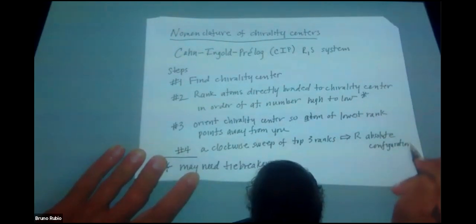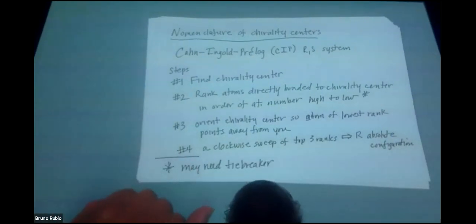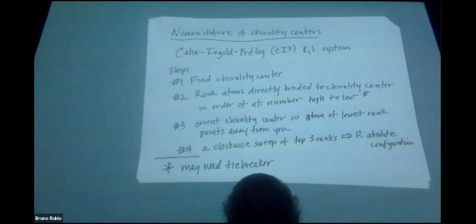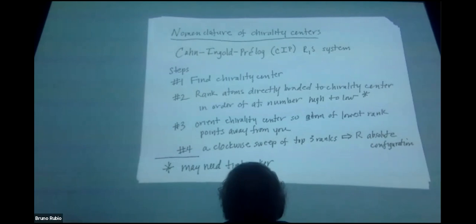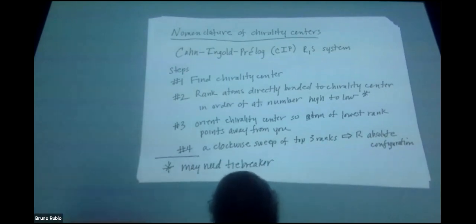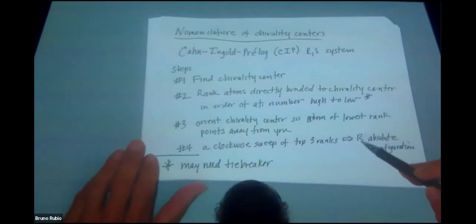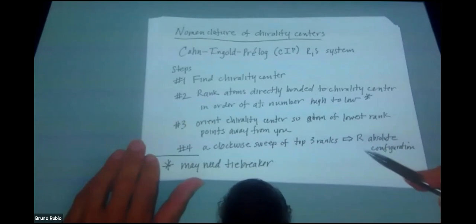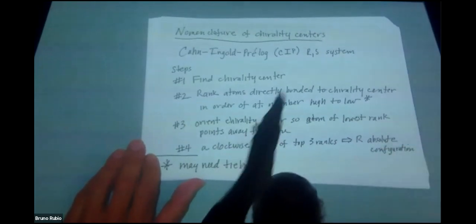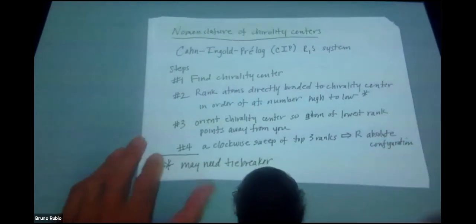Not conformation, but configuration. So the clockwise sweep of the top 3 ranks with the chirality center oriented so that it is facing away from you, that has the R absolute configuration. This R comes from the Latin word rectus, which is a fancy way of saying the right hand.